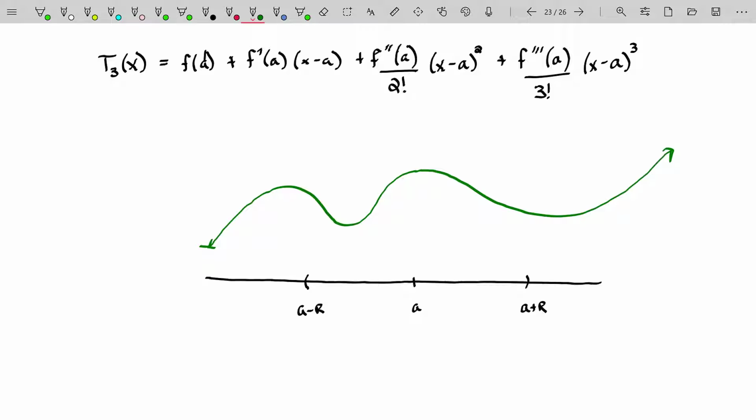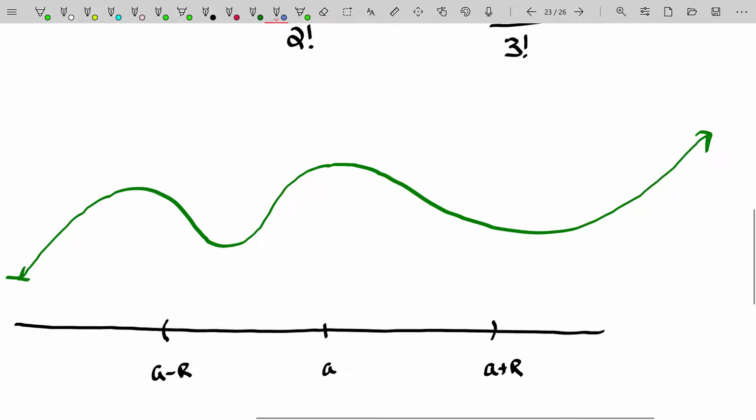Our third degree Taylor polynomial expansion, which I'm going to draw in blue here, is going to be exactly matching our regular function f of x at the center a. Actually, I think blue is probably bad. Let's use red just because it's hard to see the blue in contrast here.